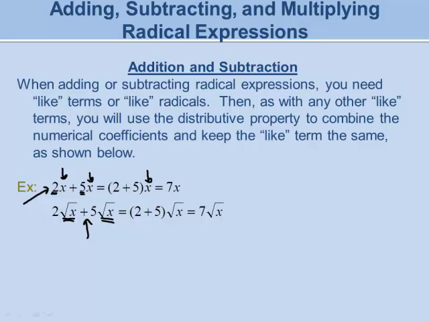There is a common factor here of square root of x and square root of x, so if you factor that out, you're left with the group of whatever is left, in this case, again, 2 plus 5. 2 plus 5 is 7, and 7 times the square root of x is 7 times the square root of x. So the shortcut way to remember that is if you're adding or subtracting like terms or like radicals, simply do the math to the leading coefficients out front and then put the like radical onto the end of it unchanged.